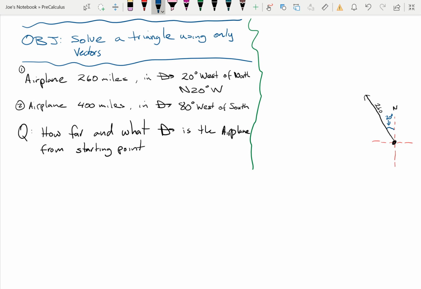Then the airplane turns to a direction of 80 degrees west of south. So the airplane is now here. Let me put a little north, east, south, and west through it again. Then it's going to move 80 degrees west of south.